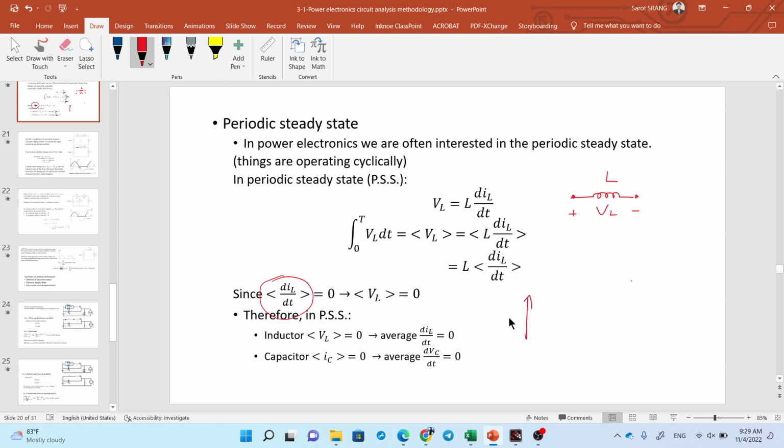So VH can be any periodic voltage equivalent. Then you have a filter with inductor and capacitor, and you have load R, like this, so L, C, R.